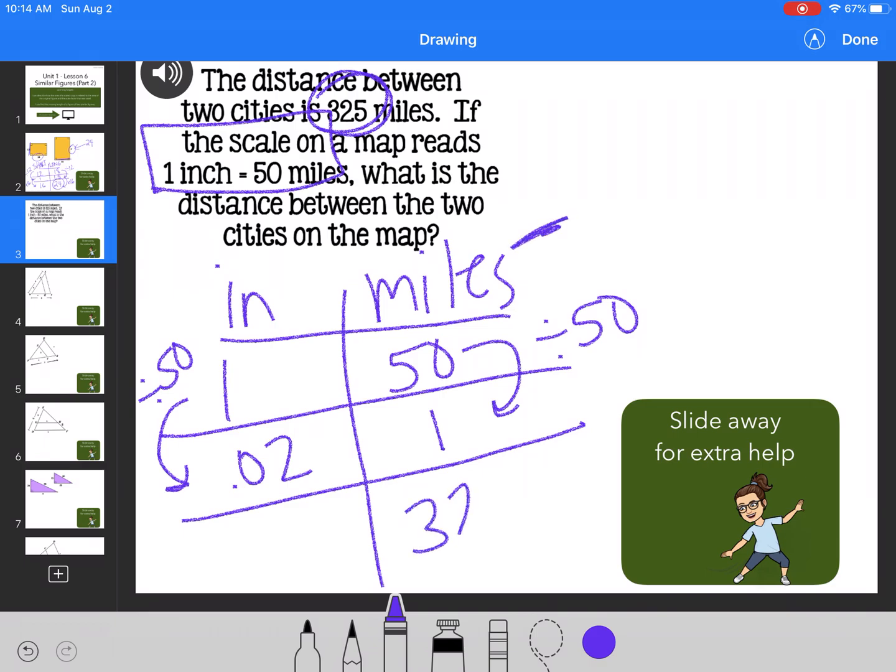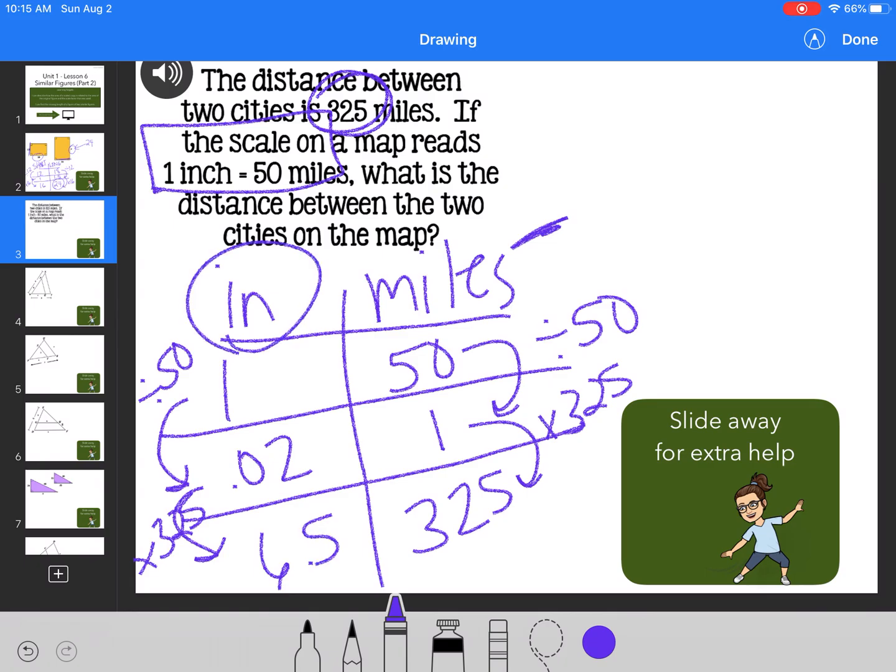So I'm going to multiply this side by 325. And I get 6.5. So that's my unit of measure. So it's going to be 6.5 inches.